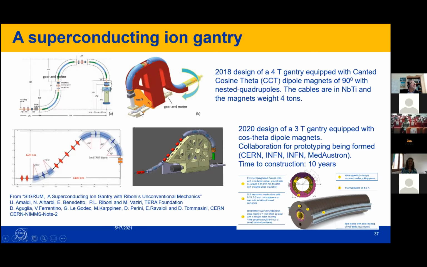You see, very, very small compared to the patient. It makes use of CCT, canted cosine theta magnets, and rotates not for all 360 degrees, but for something less, because the gantry is attached to a wall or to a pillar here in this position.